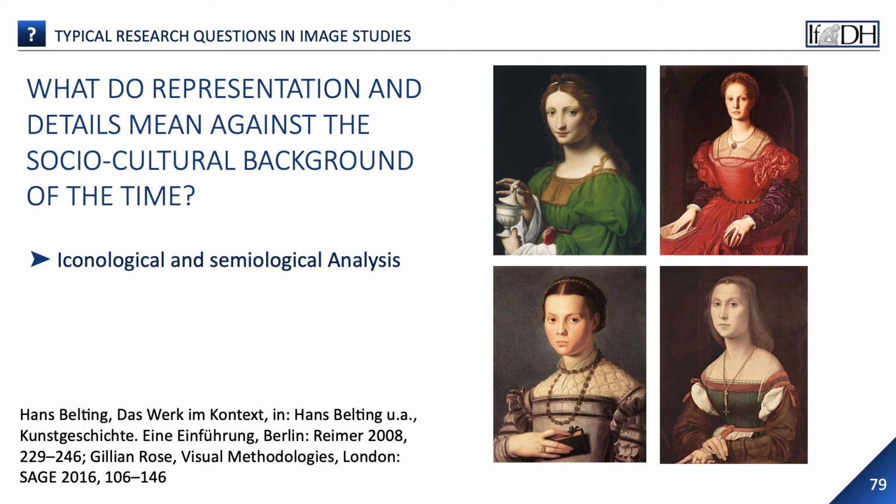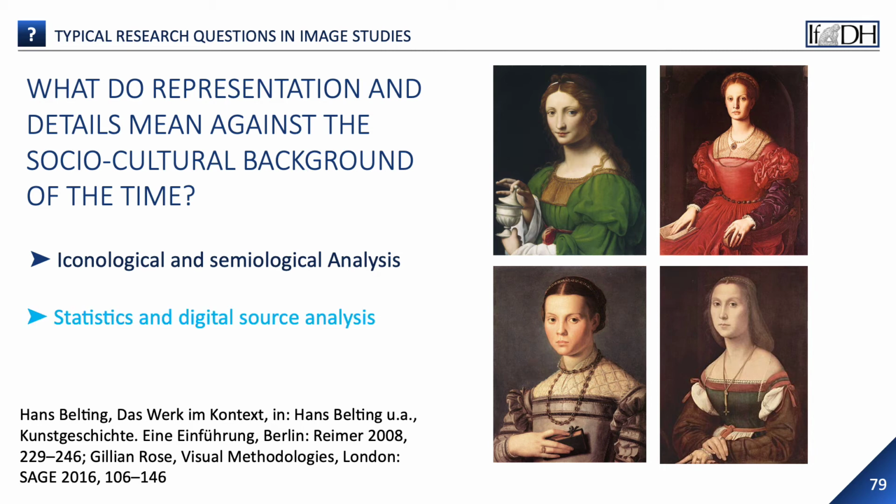Unlike iconography, it determines the deeper meaning of a representation by recourse to the ideological ideas of certain cultures and epochs. This depth of meaning can also be expressed through socially agreed codes and signs, for example through the clothing and hairstyle of the ladies or the objects they hold. All these details play a role in the iconological and semiological analysis.